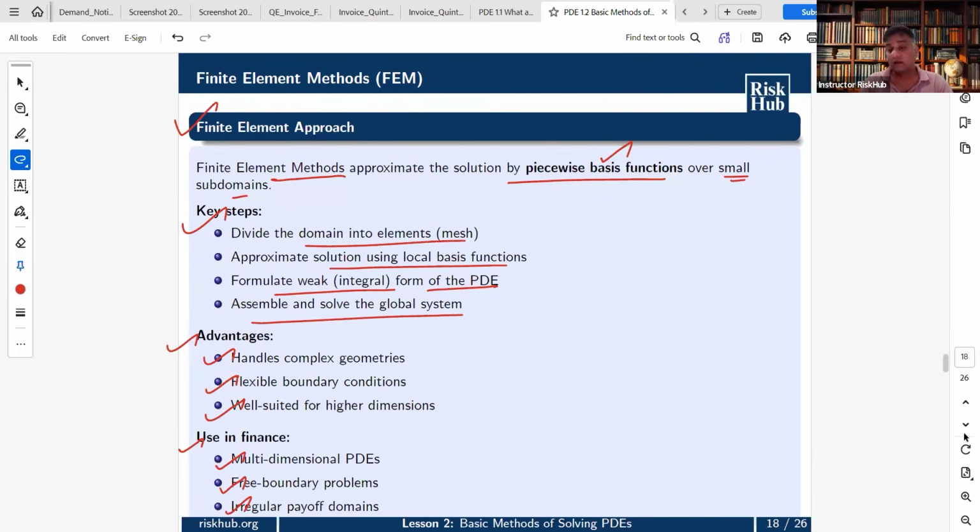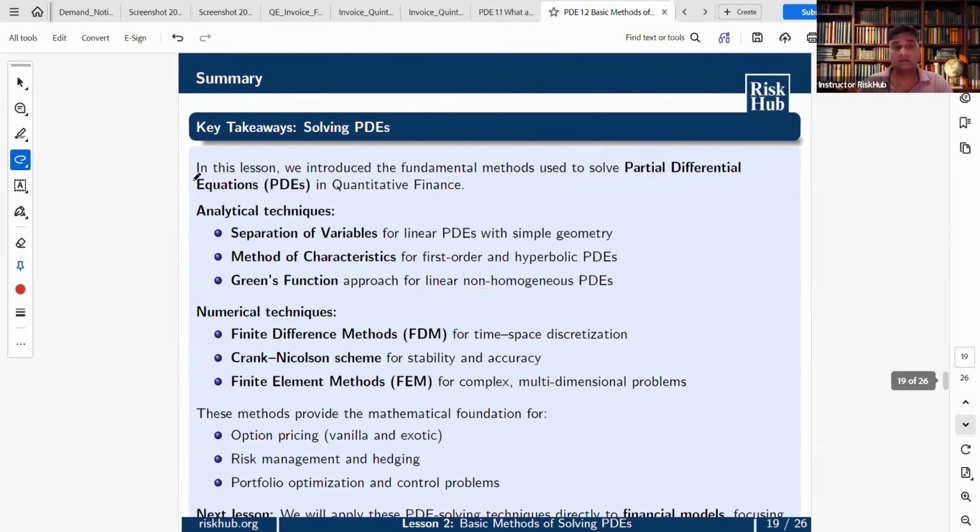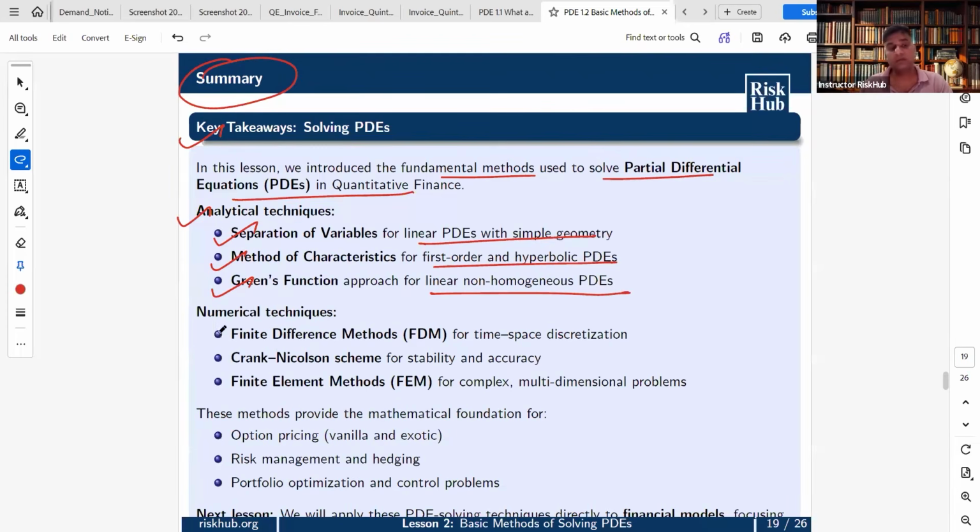Okay. With this, we enter the summary. The key takeaways: solving a PDE. In this lesson, we introduced the fundamental methods used to solve partial differential equations in quantitative finance. Analytical techniques: separation of variables for linear PDEs with simple geometry, method of characteristics for first order hyperbolic PDEs, Green's function approach for linear non-homogeneous PDEs.